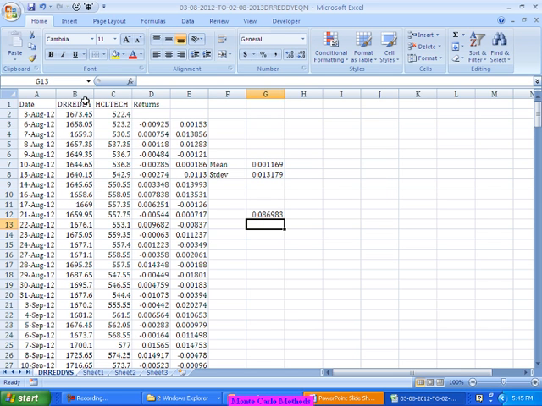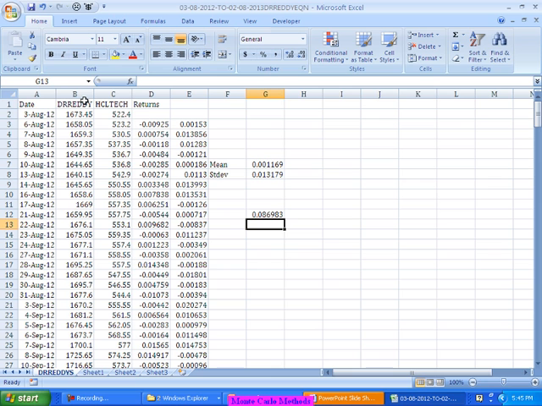So how do I generate the random numbers if there is a correlation between the two securities? Especially for a portfolio, that is very much needed. I cannot generate independent random numbers for both of them, because they are not moving independently; there is some level of dependency between them.